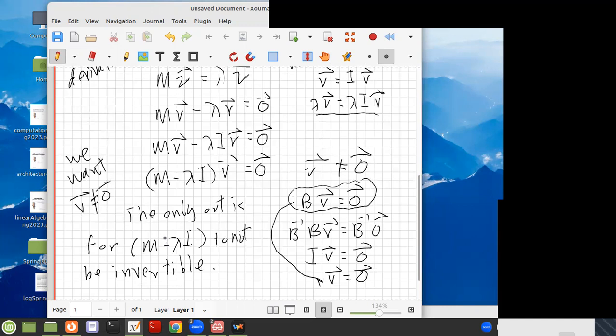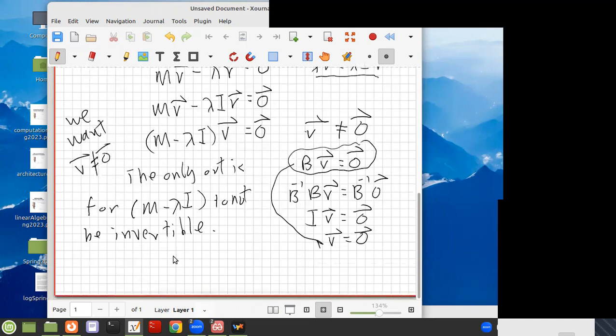Therefore, its determinant is 0. The determinant of M minus lambda I equals 0.